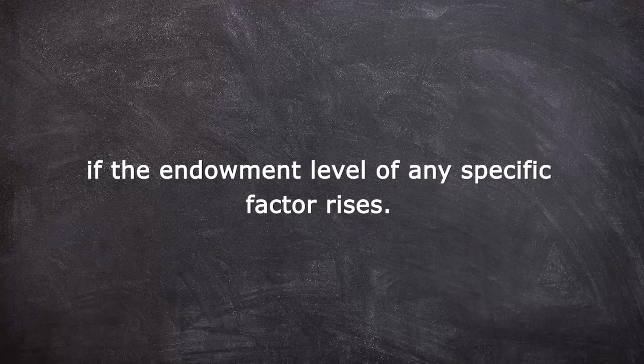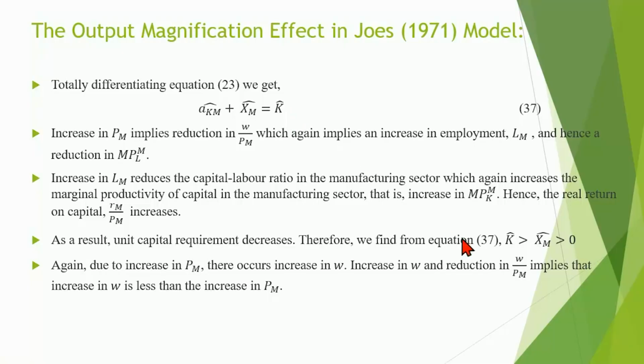Let us see what happens if we consider the output magnification effect. Here we see that if the endowment level of any specific factor rises, then it is not necessarily the case that the output of the product which is intensive in that specific factor will rise by a magnified amount.